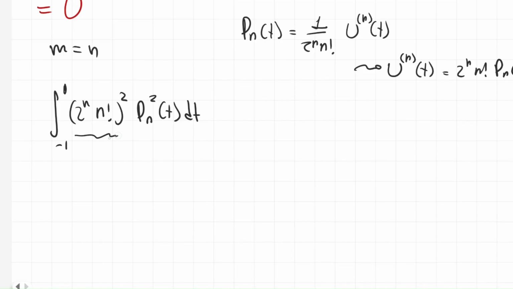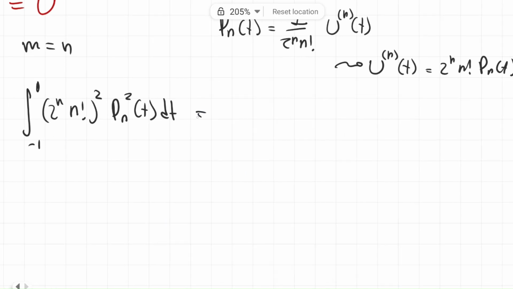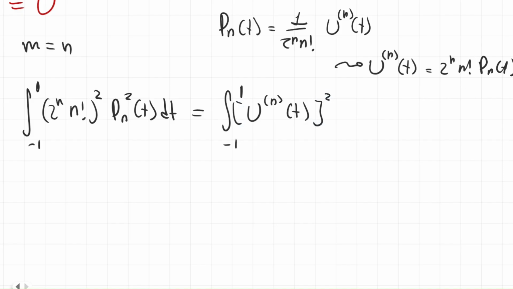And we can just ignore this element because it is a constant. So at the end, we will be interested in just the integral from minus 1 to 1 of p n squared of t dt. Okay, but I wrote this in this way because we can see this as the integral from minus 1 to 1 of just u to the n of t squared dt.